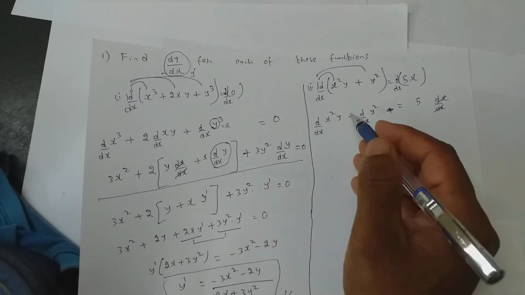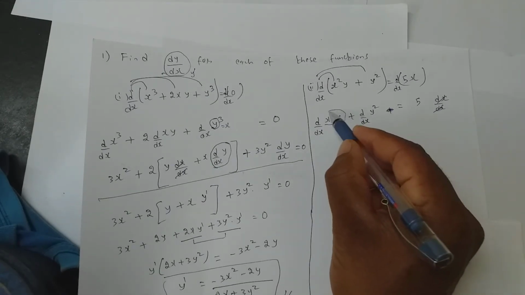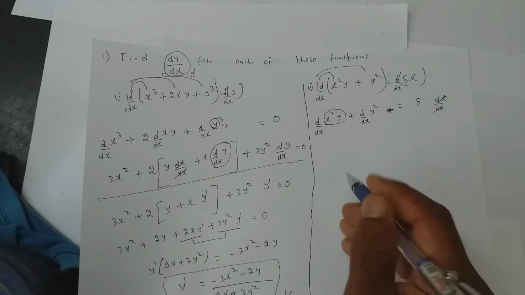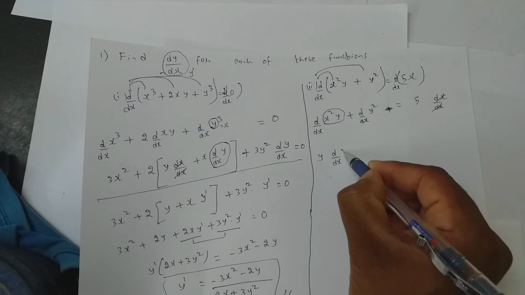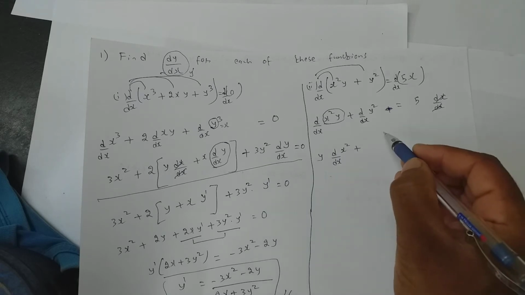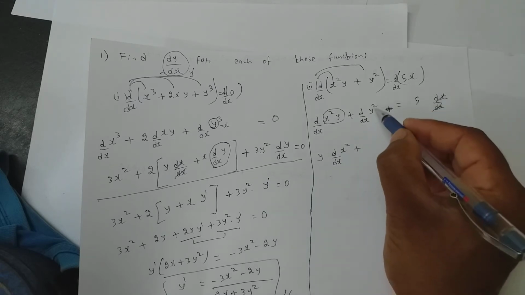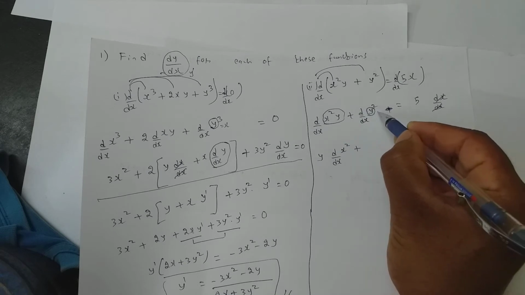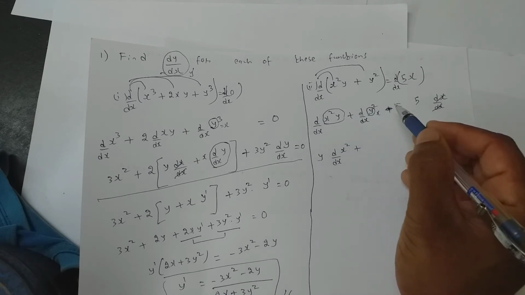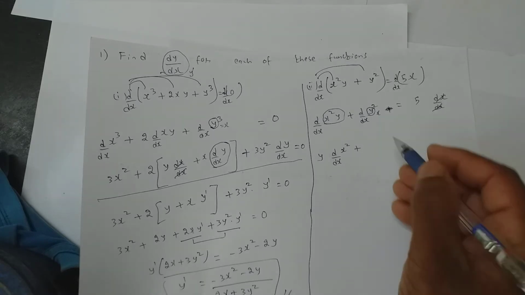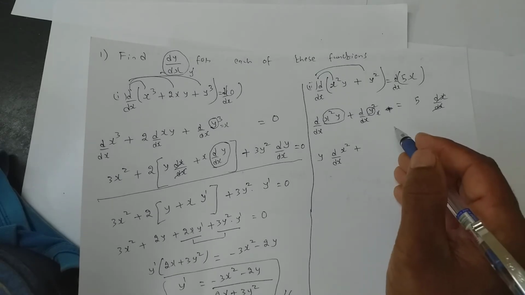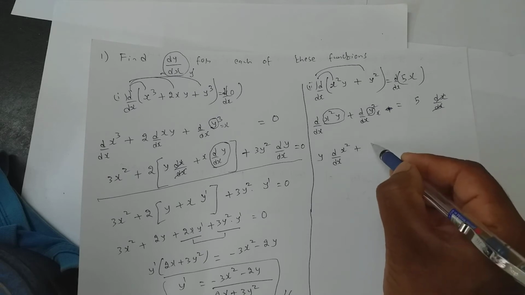Now here you should apply the product rule, students. So differentiate one at a time. It is y into d by dx of x square, plus here directly y square you can't differentiate. If it is x square you can differentiate, so you will assume y to be x. So what is y square differentiation? 2y, x square differentiation 2x, right?